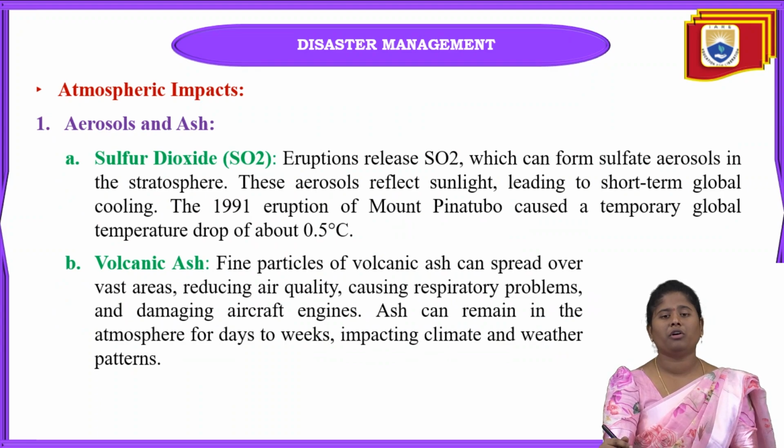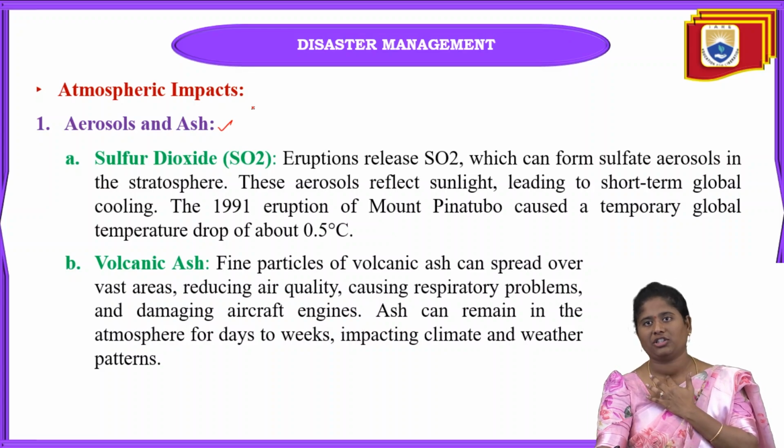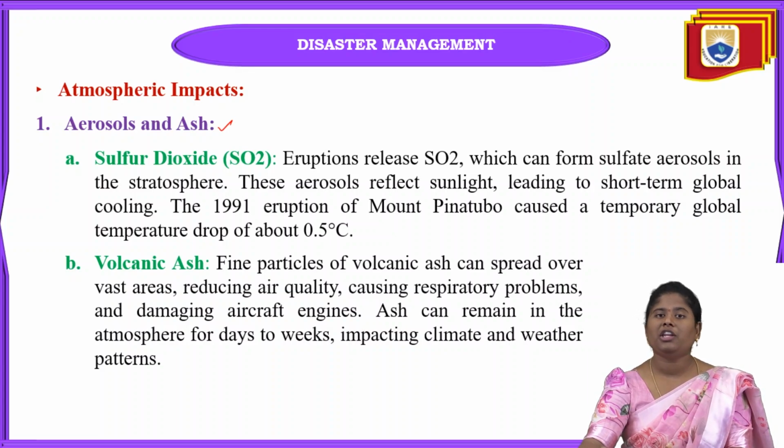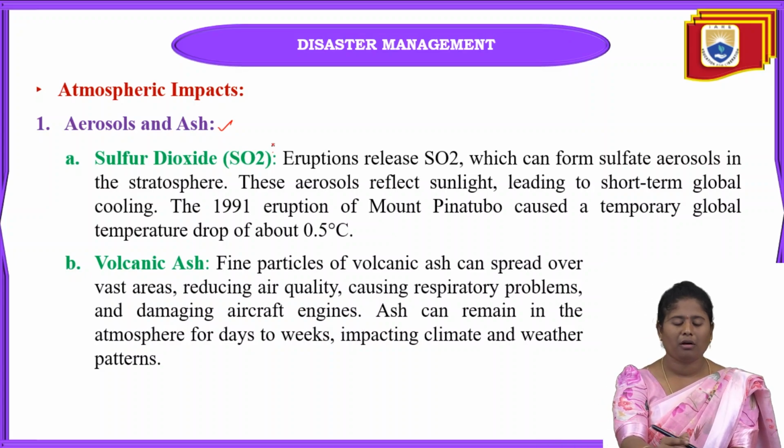Next one is atmospheric impacts. What are the atmospheric impacts caused by volcanic eruption? First one is aerosols and ash. When any volcano erupts, firstly sulfur dioxide is going to be released, and next carbon dioxide is released.